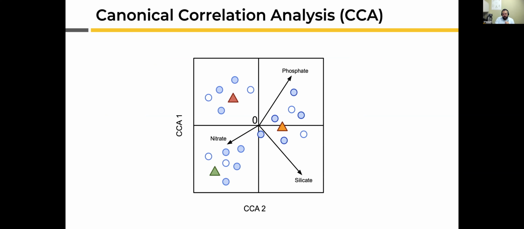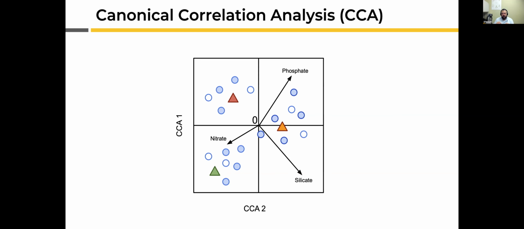One other thing I want to mention, canonical correlation analysis is a useful way to look at, as I mentioned before, how environmental aspects correlate to the microbiome measures that you're looking at.